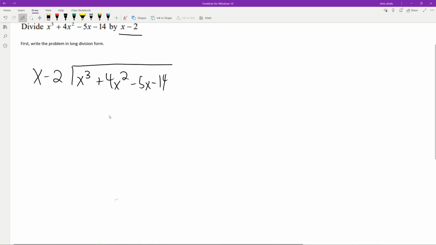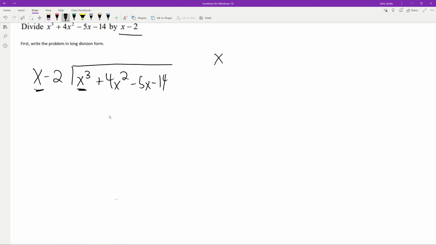So I rewrite this very similarly. The thing I'm dividing by, I place on the outside here. The dividend, I write underneath this box. So I ask myself, how many times does x, just the first term here, go into x cubed?